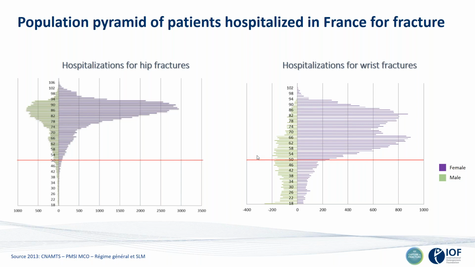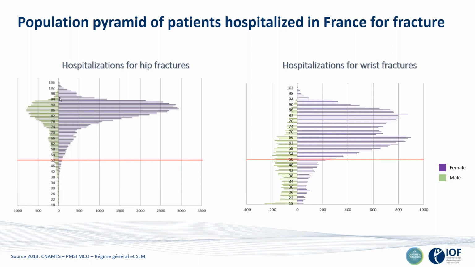I took the example of hip fractures on the left-hand side of the slide and wrist on the right-hand side of the slide. And that is the pyramid of the patients that were hospitalized in France for fractures, and that was a couple of years ago.